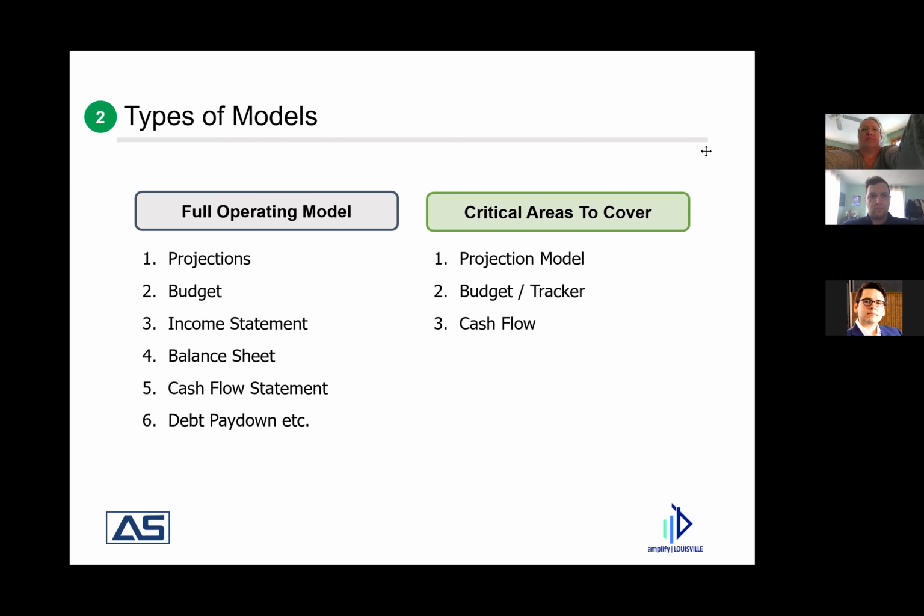Now, when you're starting your startup and you're looking at really getting things off the ground, there are 3 areas that I really focus on in particular. One is the projection model, which is, I want to know how much money I intend on making and how expensive it's going to be.